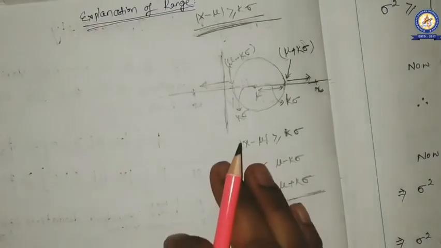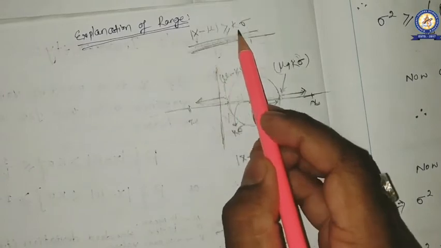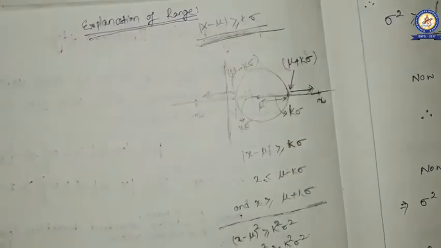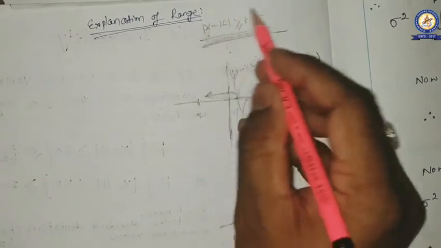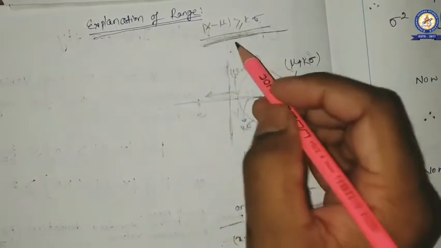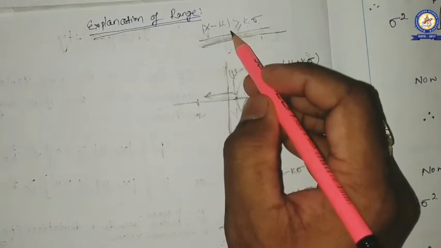So here you can see that we have to find out the range of |x minus mu| greater than k sigma. Whenever we find this type of equation, just consider that this is one type of equation of a circle.